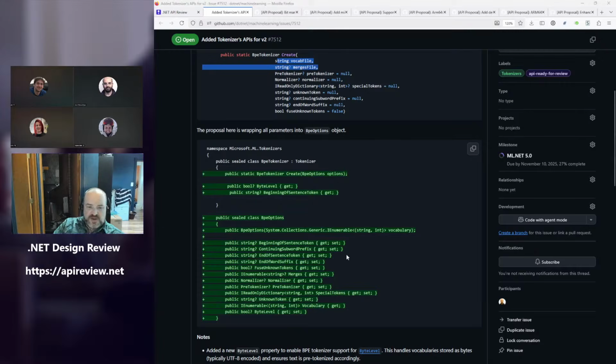I'm not a huge fan of the property name byte level, but I don't have a better answer. This is, as I mentioned, a known, well-defined term. Sure, and I'll state again, I don't care. The answer is what will somebody walking up to this library look for? Not what somebody who already knows how to use it in Python looks for. I don't really care about people who come from Python.